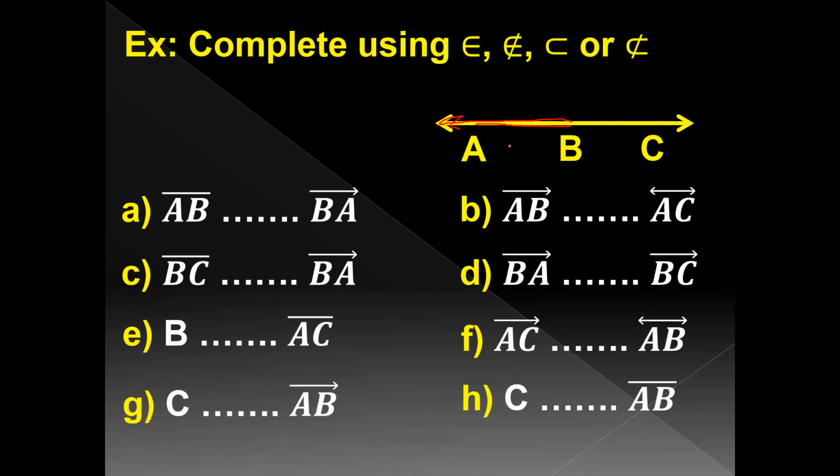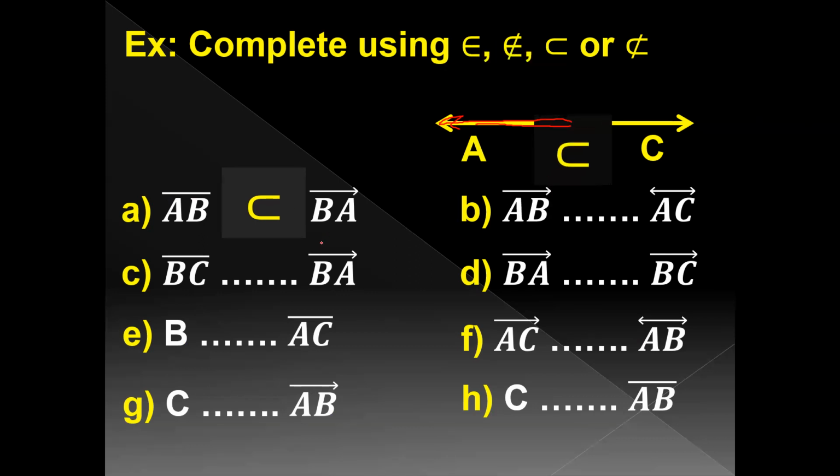We will find that AB line segment is a part of the BA ray. So AB line segment is a subset of BA ray. We should complete by using subset or not subset, because AB line segment is a set of points.